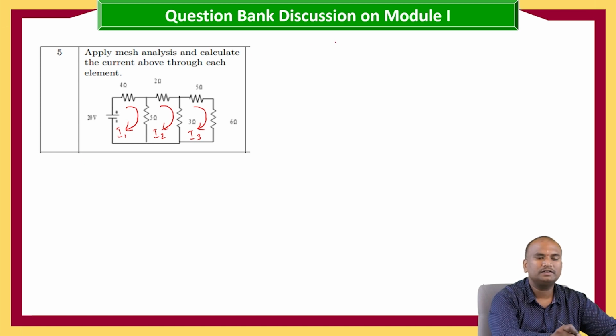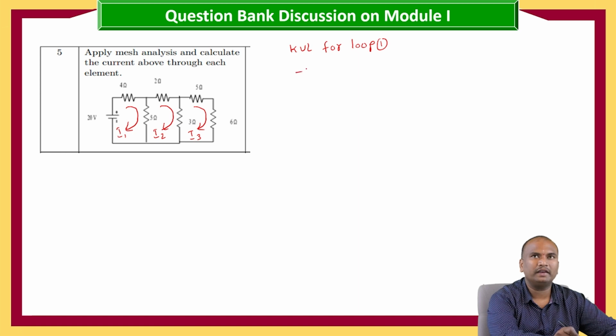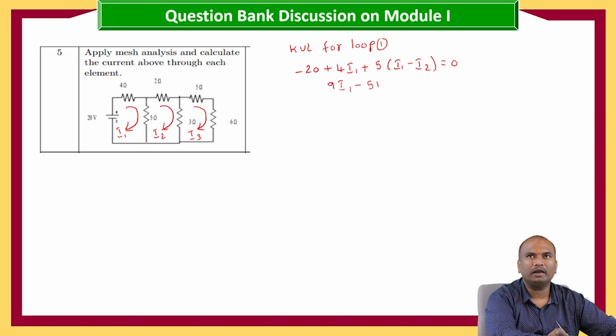Here, first let us apply KVL for loop 1: minus 20 plus 4 into I1 plus 5 into I1 minus I2 is equal to 0. Here 4 plus 5, 9 I1 minus 5 I2 equals 20. This is our equation number 1.